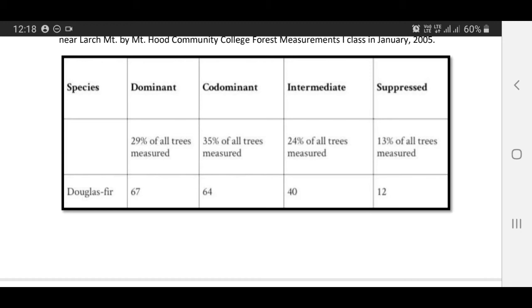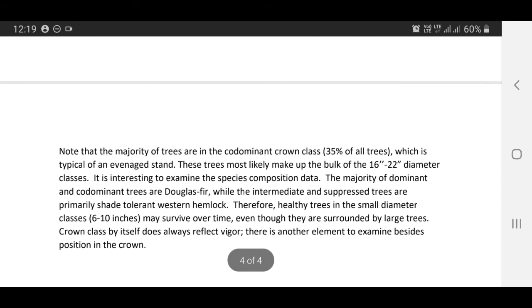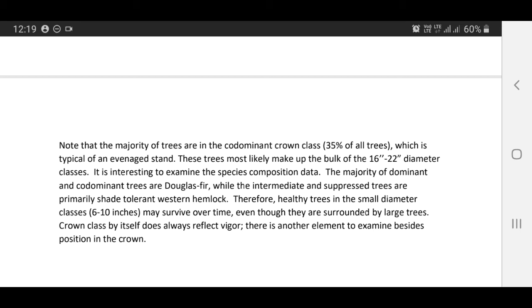Suppressed, 13%. Their numbers are 67, 64, 40 and 12. Note that the majority of trees are in the codominant crown class, that is 35% of all trees, which is typical of an even age stand. These trees most likely make up the bulk of the 16 to 24 inch diameter classes.